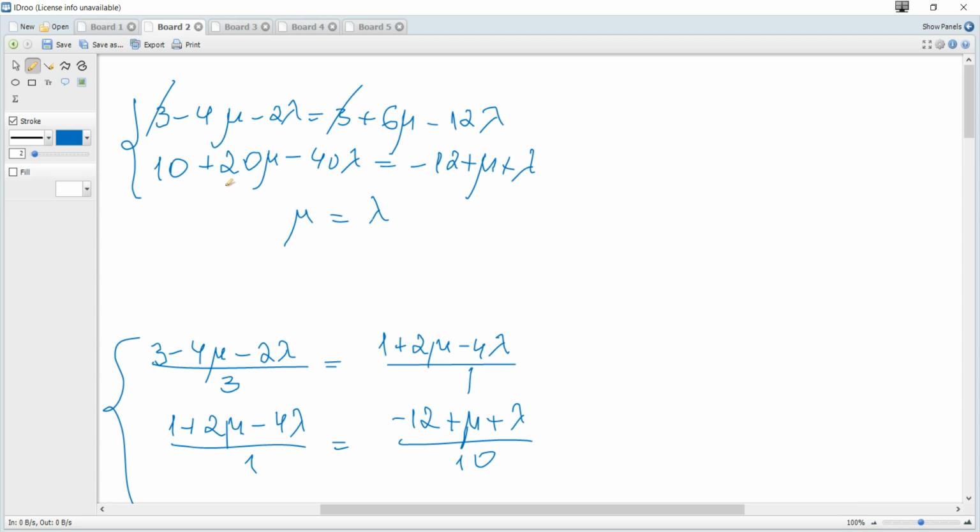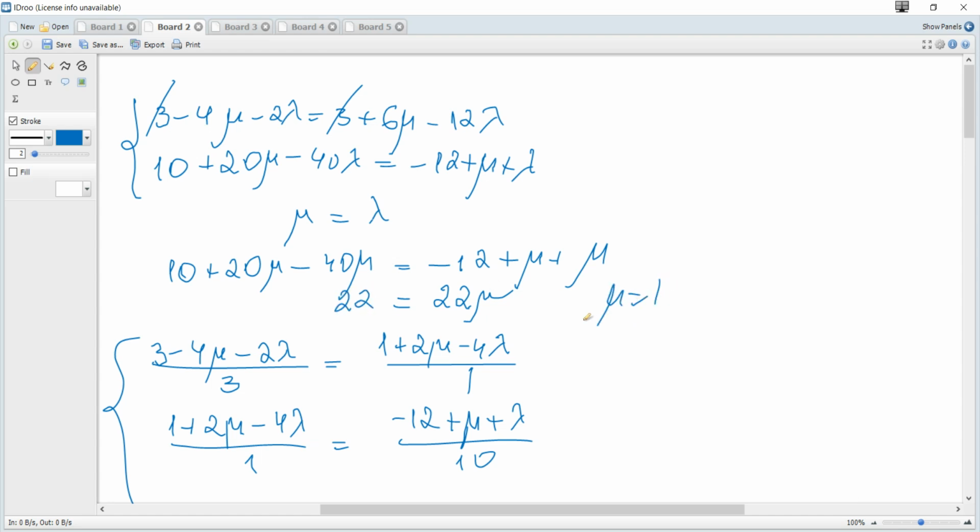And for the second, 10 plus 20 mu minus 40 mu, since lambda is mu, and minus 12 plus mu plus mu. So it becomes negative 20 and plus 2, so 22 mu, 10 plus, so it's 22, so mu is 1 and lambda is also 1.